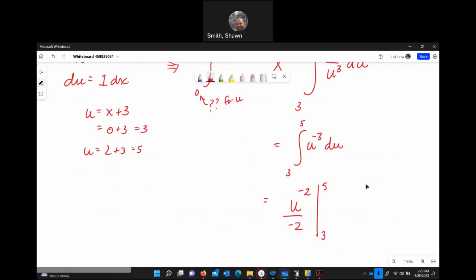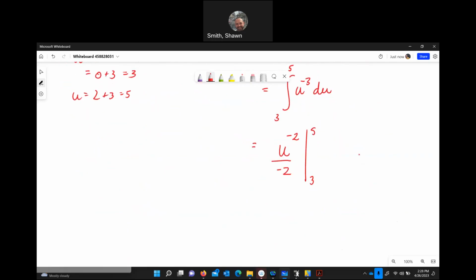And I'll rewrite that so we don't have negative exponents. This is 1 over negative 2u squared.